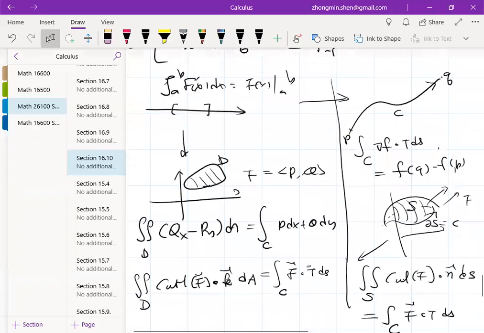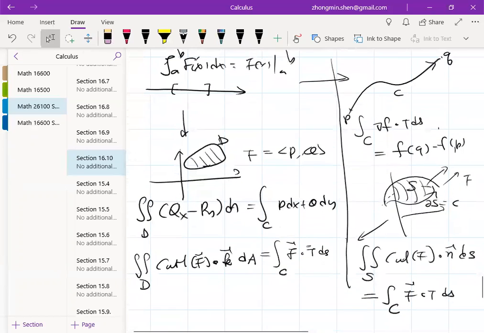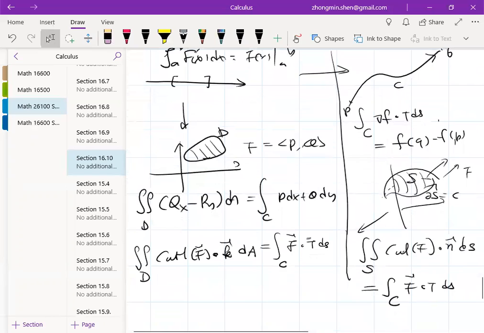To apply Stokes' theorem, there are two different types of problems. More likely, you're going to be given a line integral, but the line integral is not over a closed curve in the xy plane. It is curved. Then the question is how to evaluate this line integral.